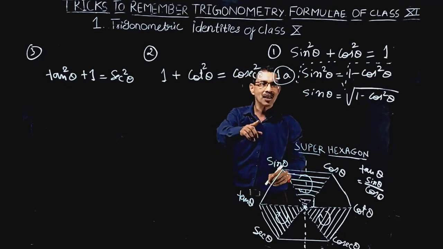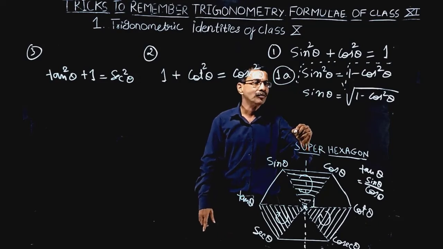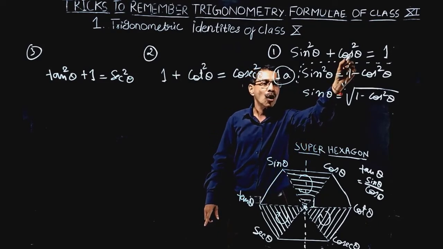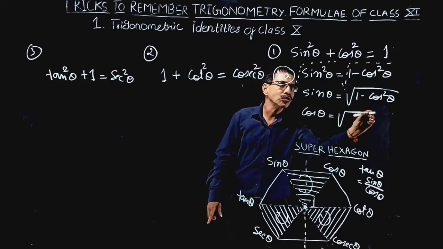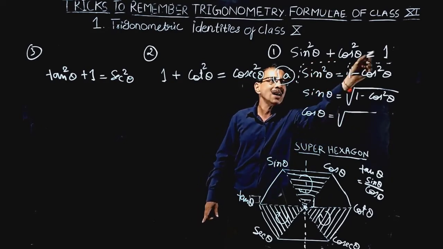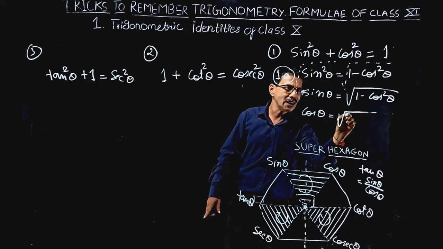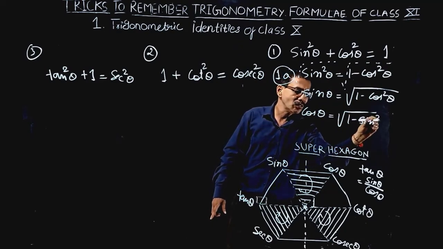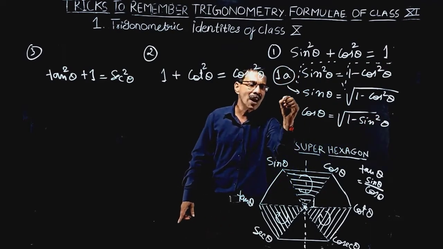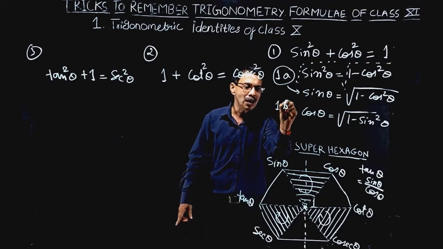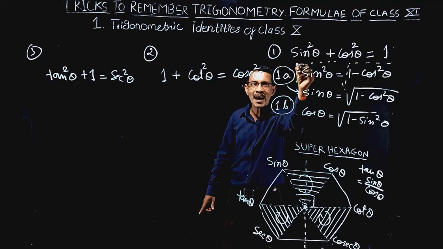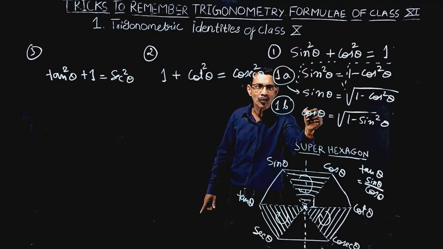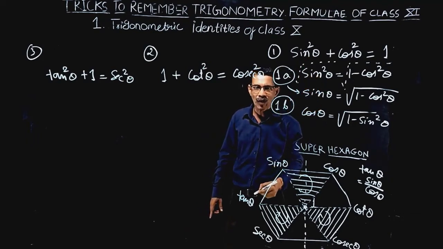And in similar fashion, I can write cos of theta is equal to square root of 1 minus sin square theta. And this is 1a, this is 1b. So this is the main trigonometric identity, and these are the two sub formulae we have derived from the first one.